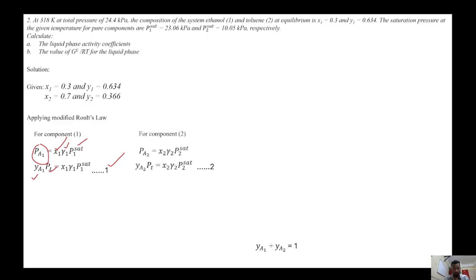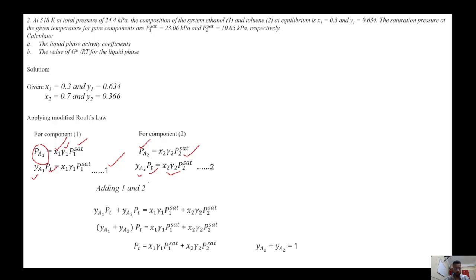So for component 2, similarly, the partial pressure of component 2 equals mole fraction times activity coefficient times saturation pressure. Partial pressure I can write as mole fraction times total pressure, and the remaining term is this. Now add 1 and 2. Add both these equations. What will we get?